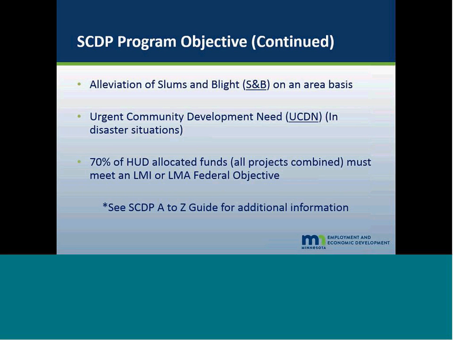And urgent community development need. 70% of HUD allocated funds, all projects combined, must meet an LMI or LMA federal objective. Please review your Small Cities A to C guide for additional information.